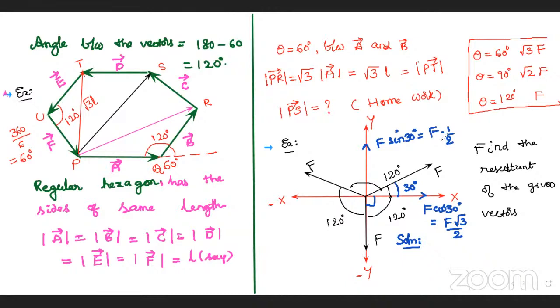Why did I resolve it into two components? Because he is asking for the resultant of the three vectors. Resultant means resultant R bar. How many vectors are there? Three vectors. So the resultant, how to write? In the form of addition.